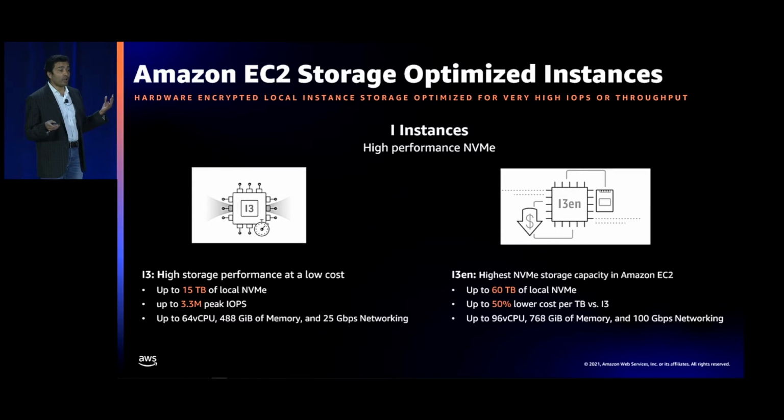They enable up to 15 terabytes of storage with 64 vCPUs. On the other side, i3en instances are optimized for high storage density. They pack in 60 terabytes of NVMe storage with up to 96 vCPUs. So again, depending upon a workload, you can choose one of them.